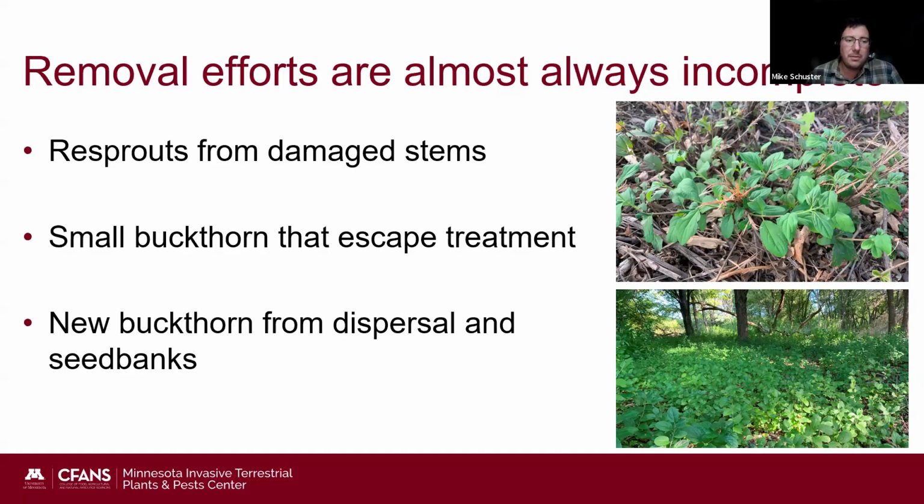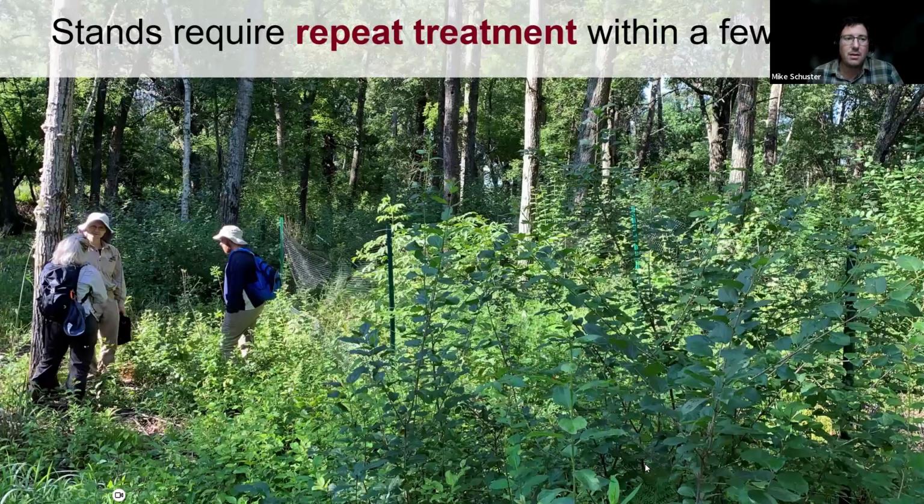And then new buckthorn that come through seed banks or dispersal can create these chia pets, these carpets of seedlings that we also have to deal with. And so these three pathways of reestablishment mean that most buckthorn stands require repeat treatment within just a few years.